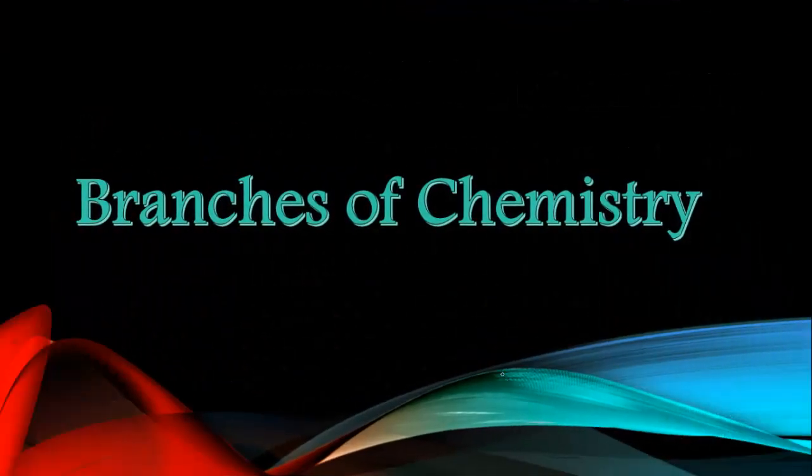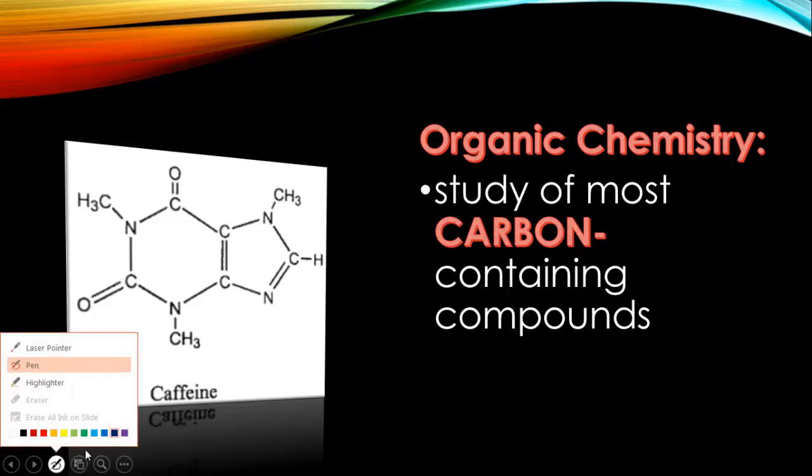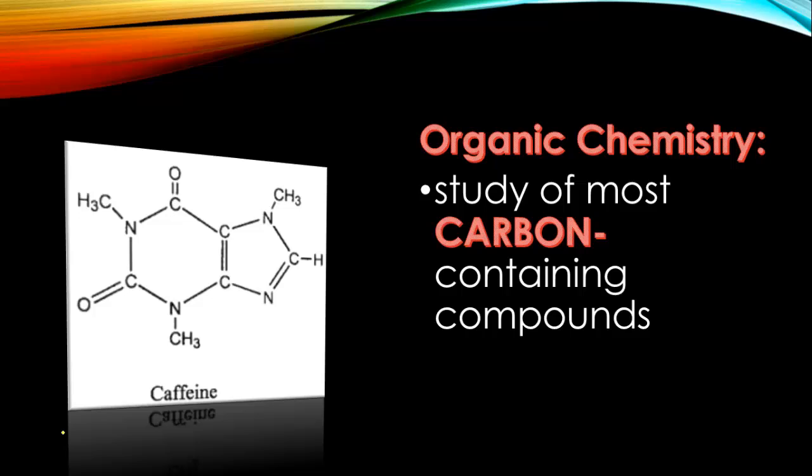So let's look at number 2. What are some branches of chemistry? First one is organic chemistry. When we look at organic chemistry, we're going to look at it being the study of most carbon-containing compounds.